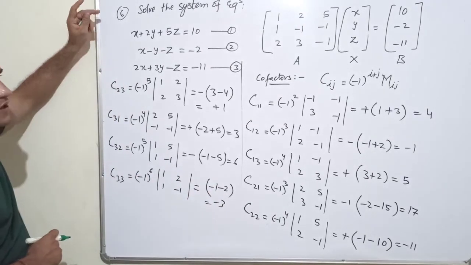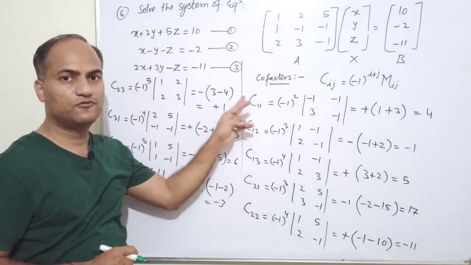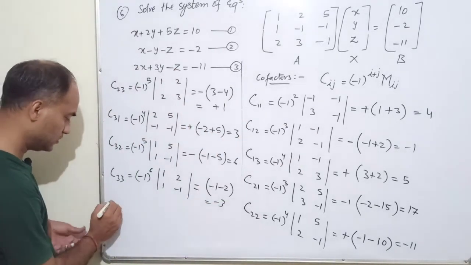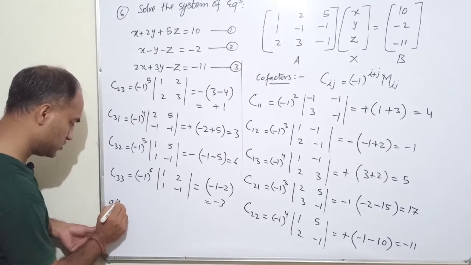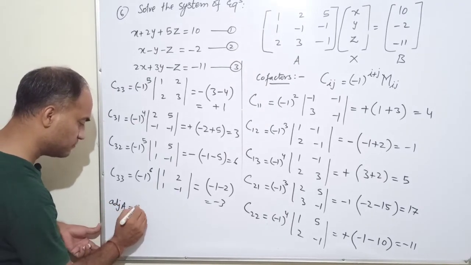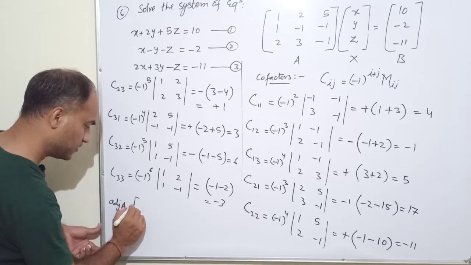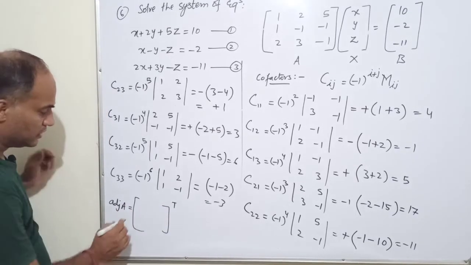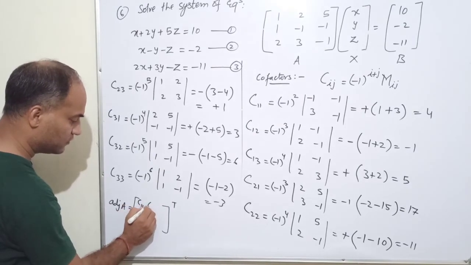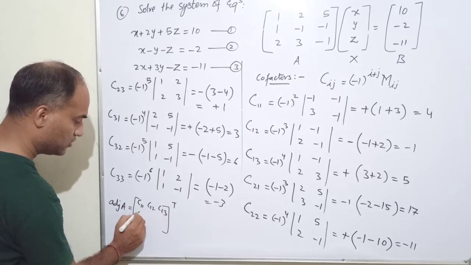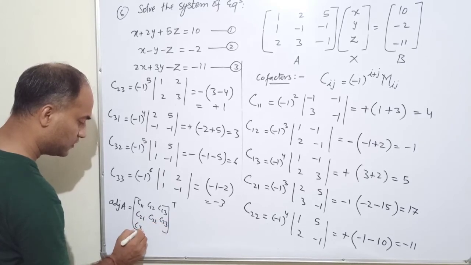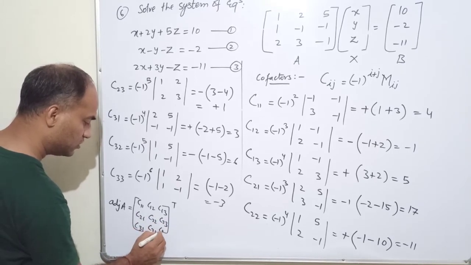So now we have to write the matrix of cofactors of this to find the adjoint of A. Adjoint of A is actually the matrix of cofactors and the transpose of that. Clear? Here we write all the entries C11, C12, C13, C21, C22, C23 and C31, C32 and C33.